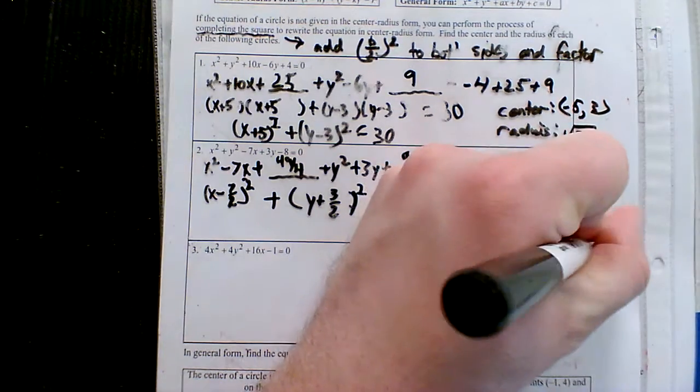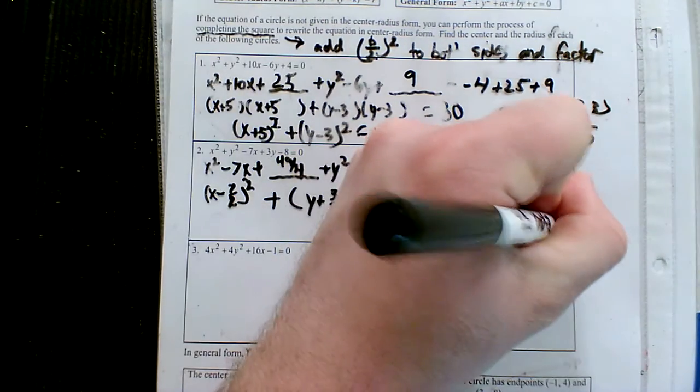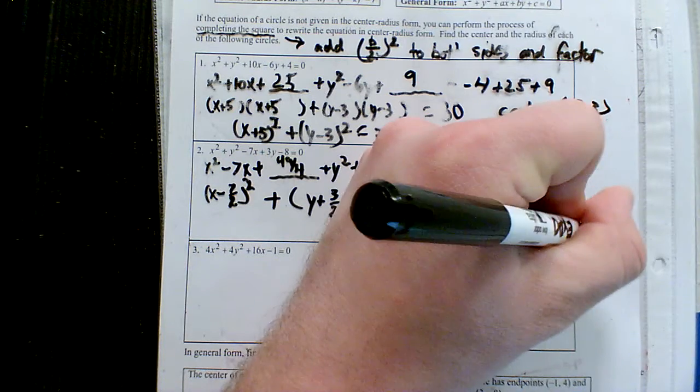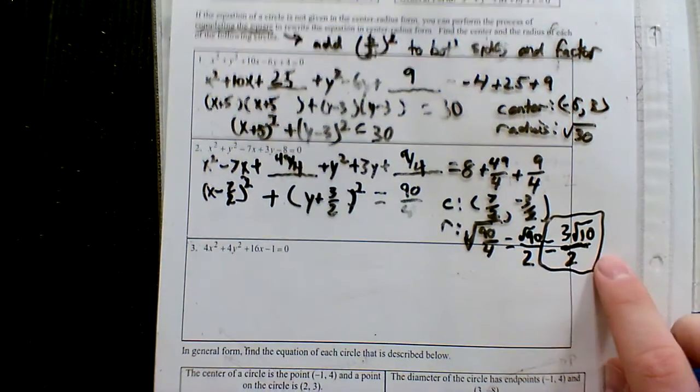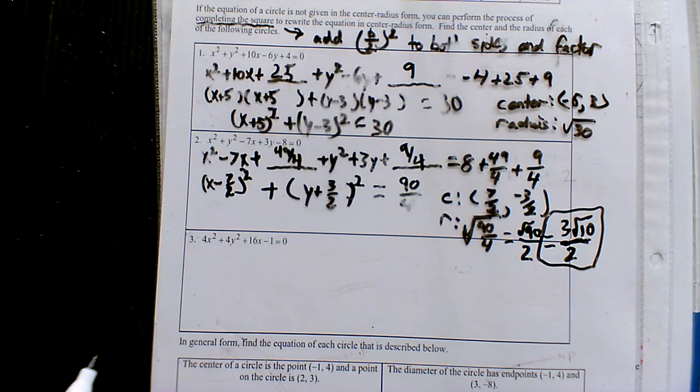There we go. So the square root of 9 is what? 3 times the square root of 10. So if you simplify, that would be your final answer: 3 times the square root of 10 divided by 2. And that was just by breaking down the square root.